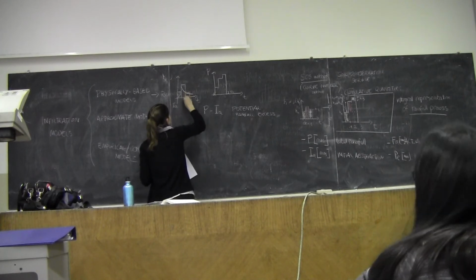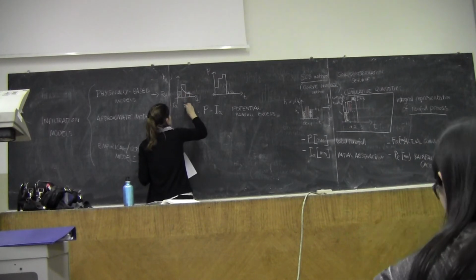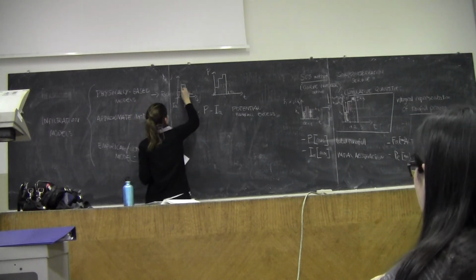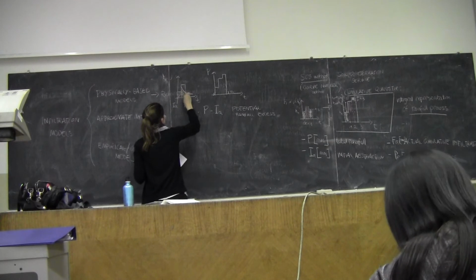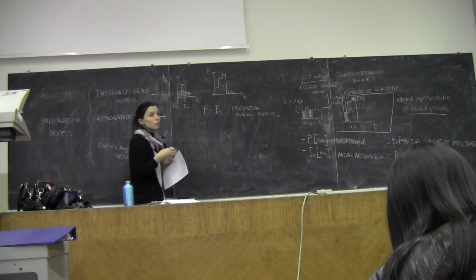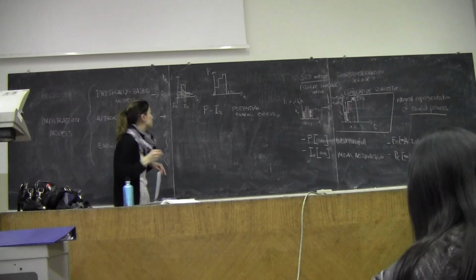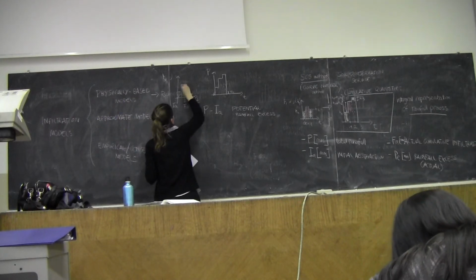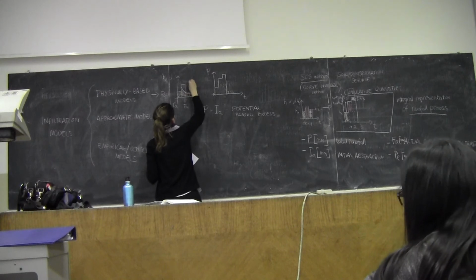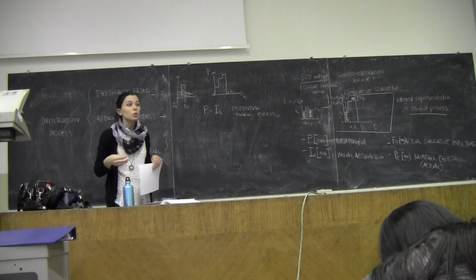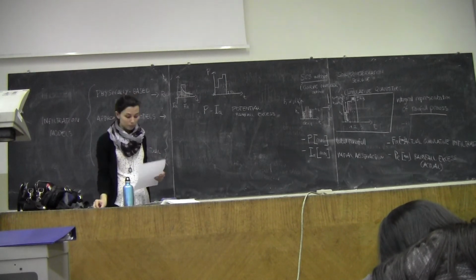Here we identify FA, so the area below this curve is the fraction which infiltrates, whereas this part is the PE, the actual rainfall excess.